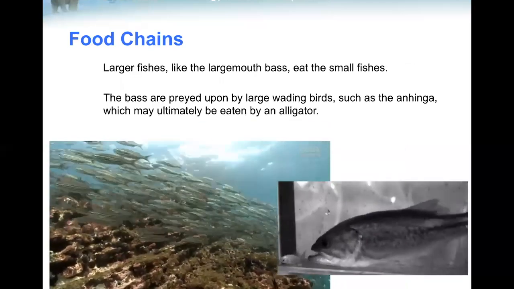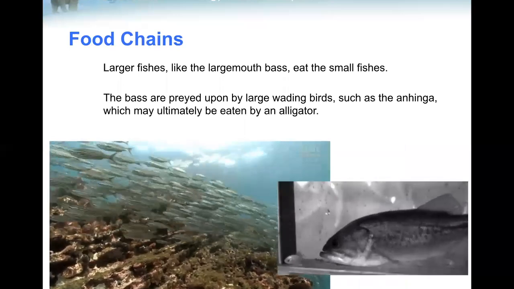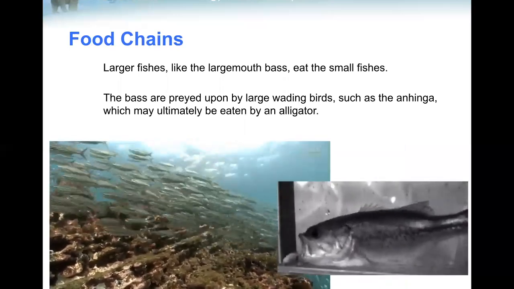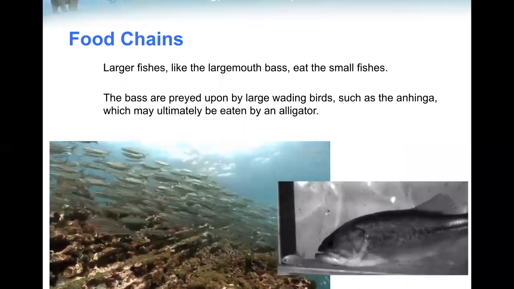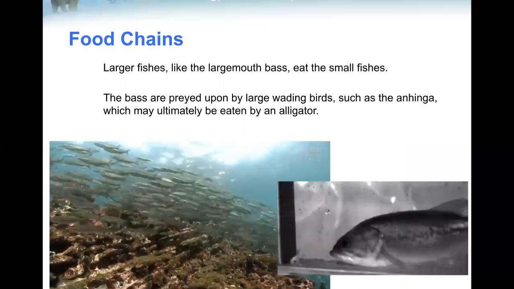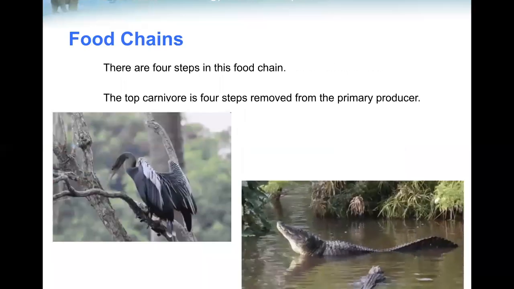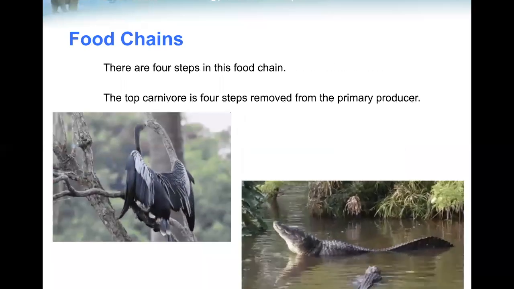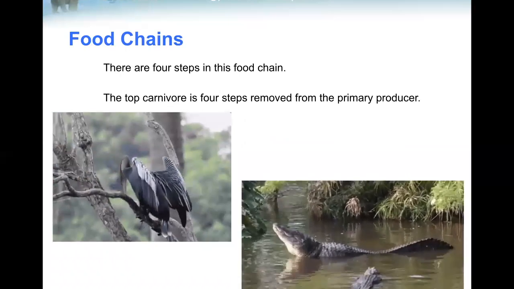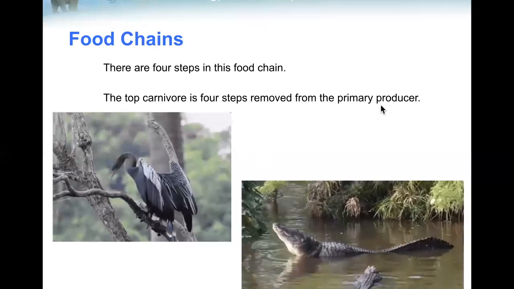Larger fish, like the largemouth bass, eat the small fish. The bass are preyed upon by larger wading birds such as the anhinga, which may ultimately be eaten by the alligator. There are 4 steps in the food chain. The top carnivore is 4 steps removed from the primary producer.